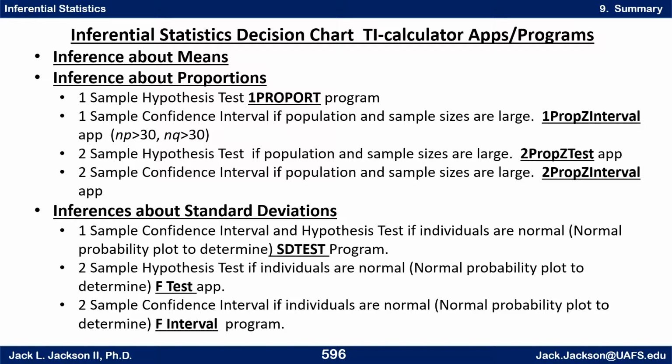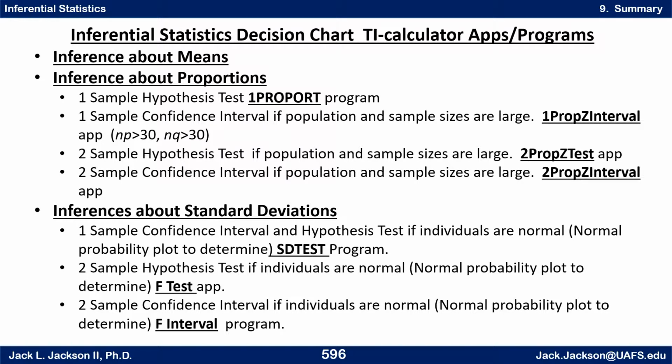And again, you need all four of them, N1P1, N1Q1, N2P2, and N2Q2, to be bigger than 30 to be reasonably sure you're going to get p-values that are close to where they should be. The two-sample confidence interval version of that is the two-proportion Z-interval.